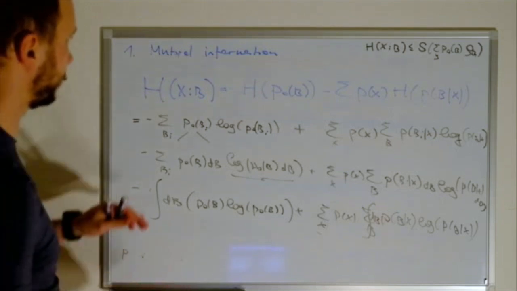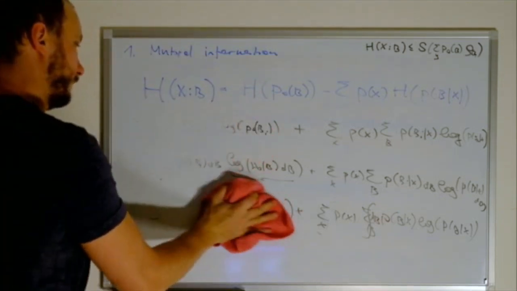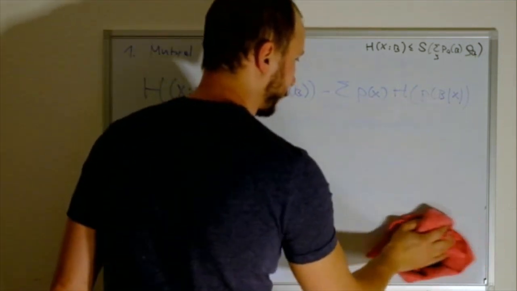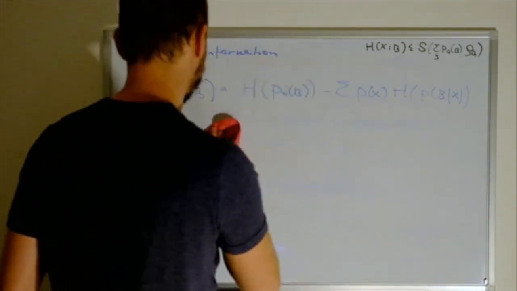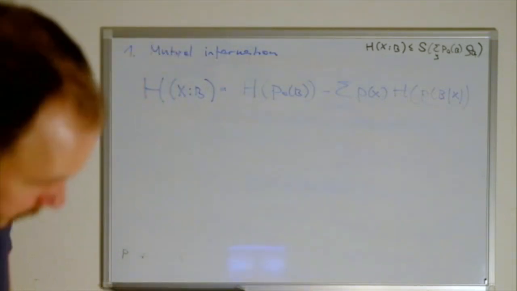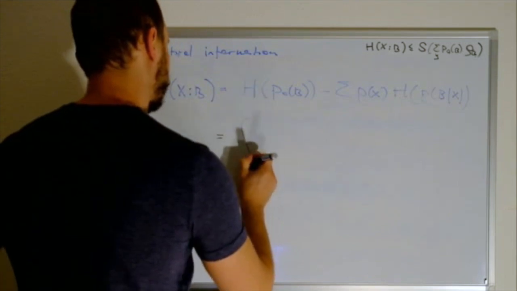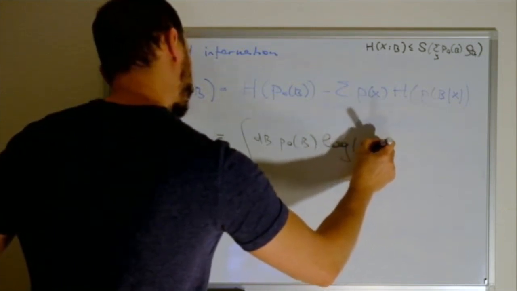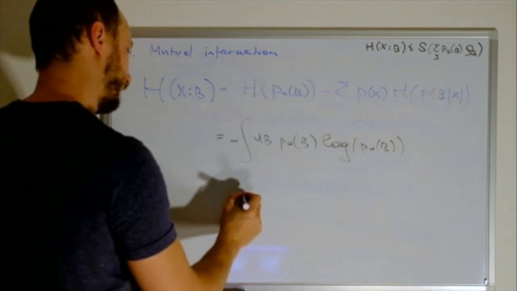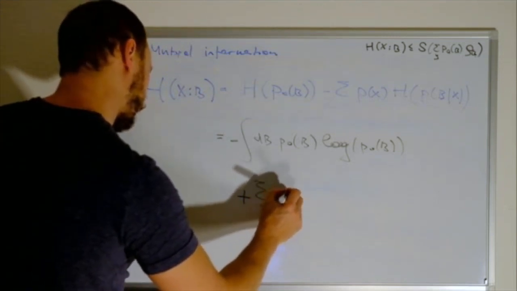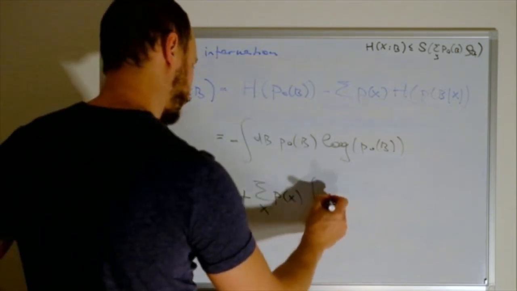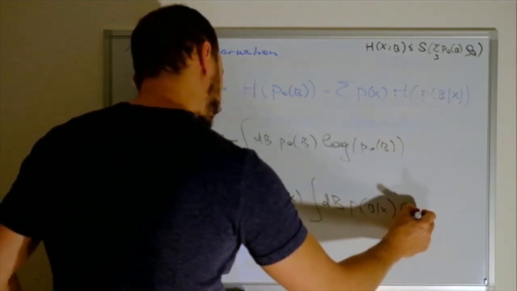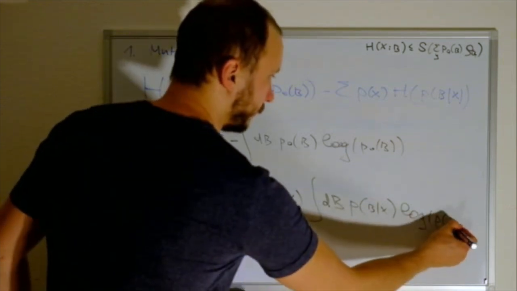What I just wanted to tell you is that this entropy difference between the prior distribution of the parameter and the distribution of the parameter after observing the measurement result is really given by the intuitive formula: minus the integral of db p0 of b times log of p0 of b, the minus sign for the entropy, plus the sum over x of p of x, the probability of the outcome, times the continuous version of the entropy for the conditional distribution, log of p of b conditional on x.